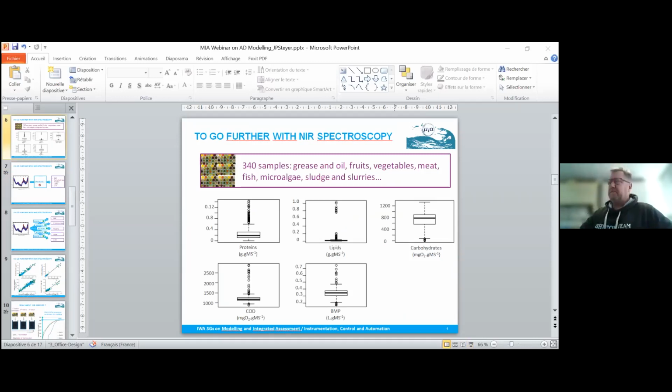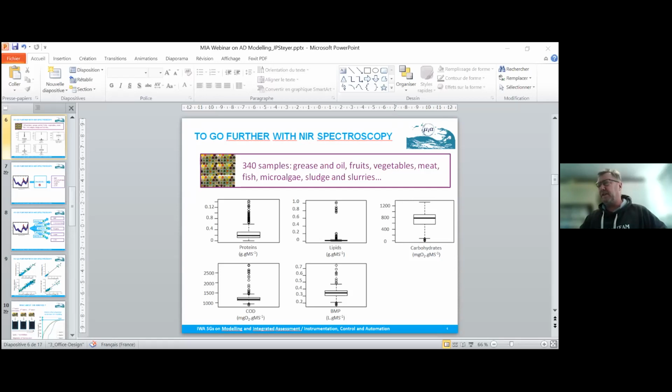And so what we expected to do first is to build a model that, based on the near-infrared spectra, could predict all of these values. Unfortunately, we were not successful. And so what we did is we built one model for each: one model for the BMP prediction, one model for the carbohydrate concentration prediction, etc. And this works quite well.